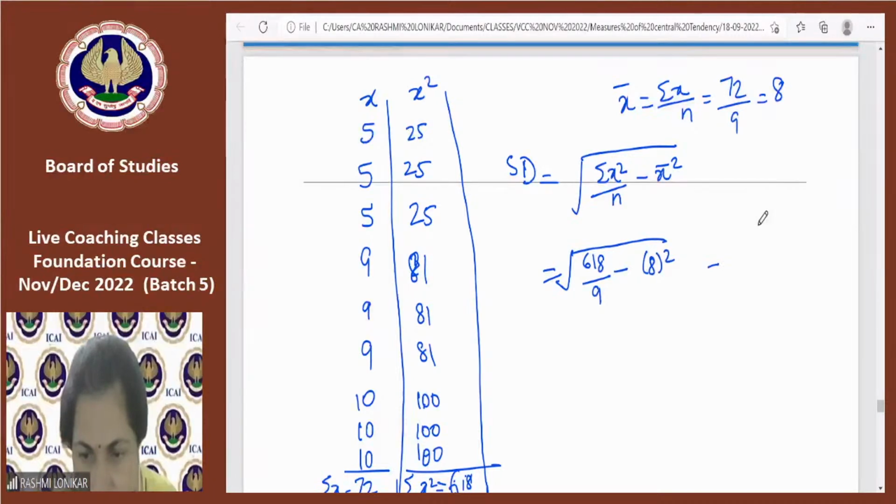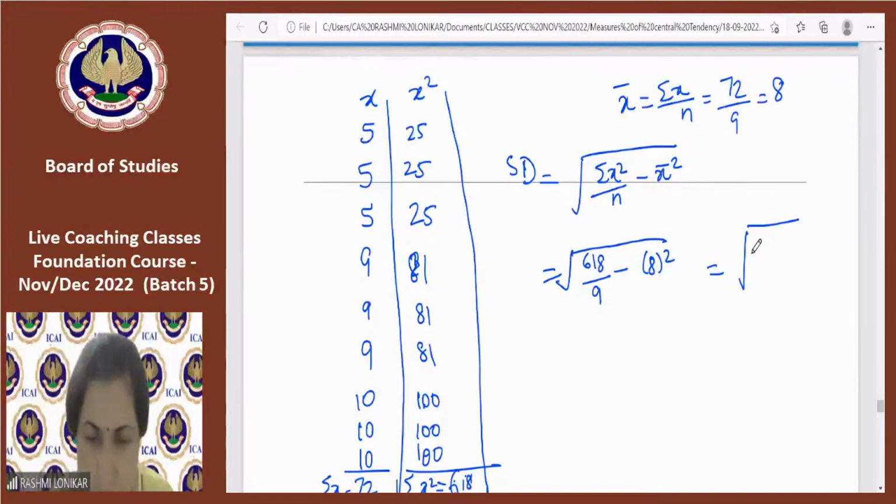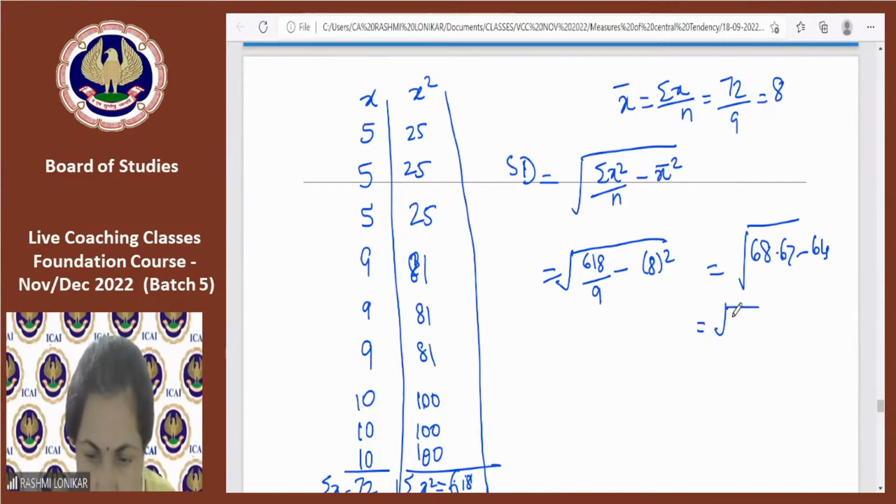So this is equal to square root of 618 upon 9 minus 8 square. 618 divided by 9 is 68.67, and 8 square is 64. So minus 64 gives 4.67, square root of 4.67. And the square root of 4.67 is 2.17.